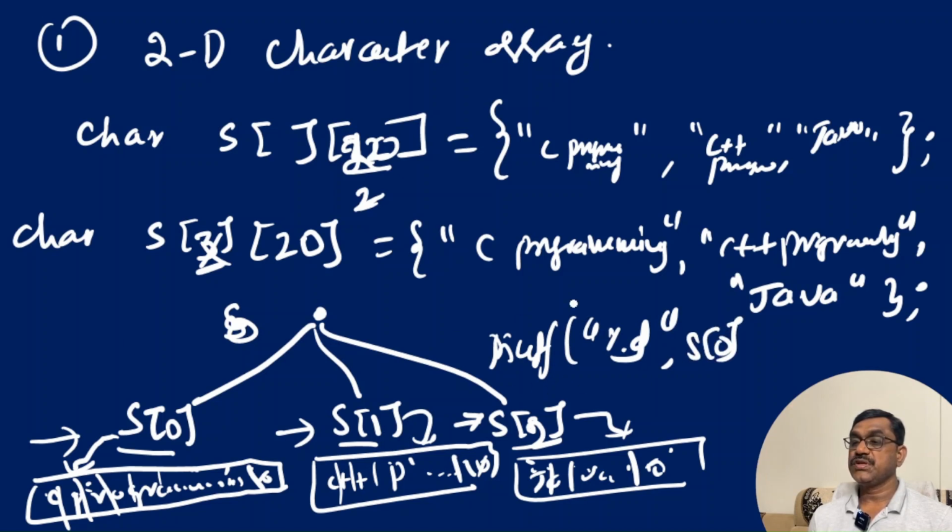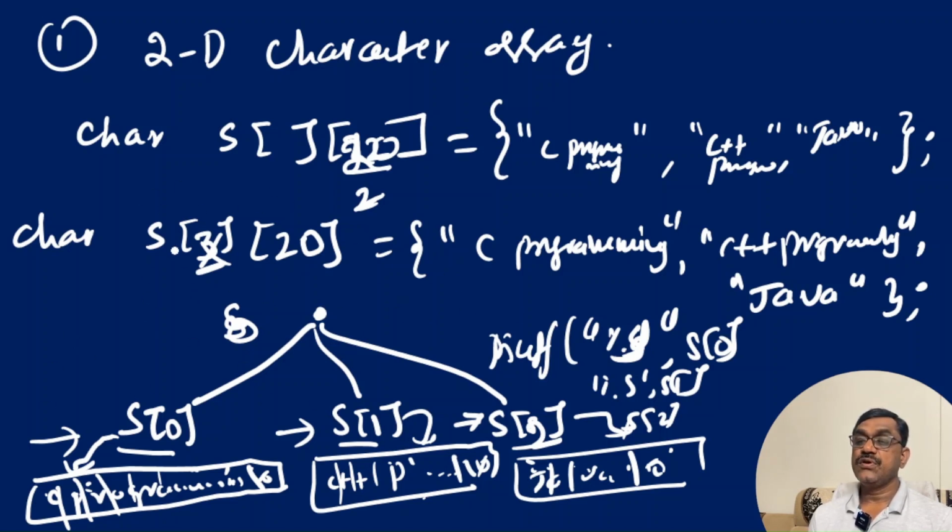It gives the first string. Now, if you say printf percentage s, S of 1, then it is going to print the second string, C++ programming. If you say S of 2, it is going to print Java. This is the way of representing the array of strings or two-dimensional character array, right?